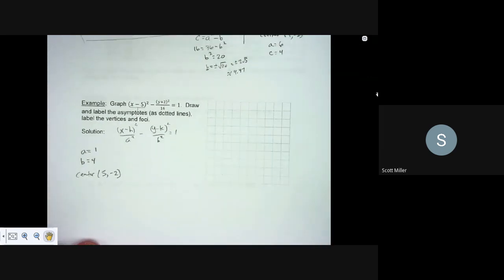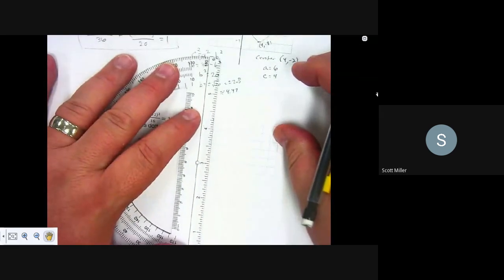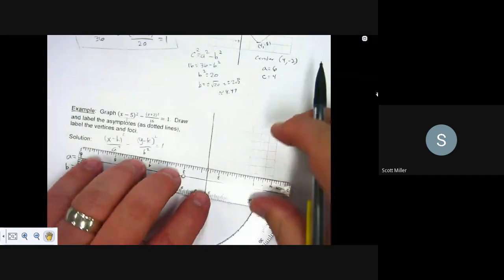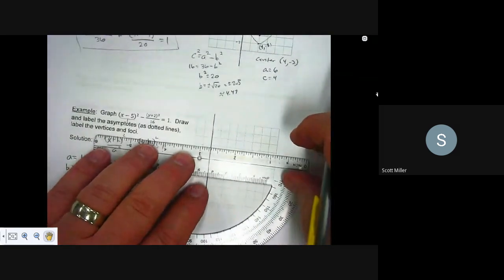And so from that, we can come over here and start drawing this out. So I'm going to put it right here, and a little bit up here.